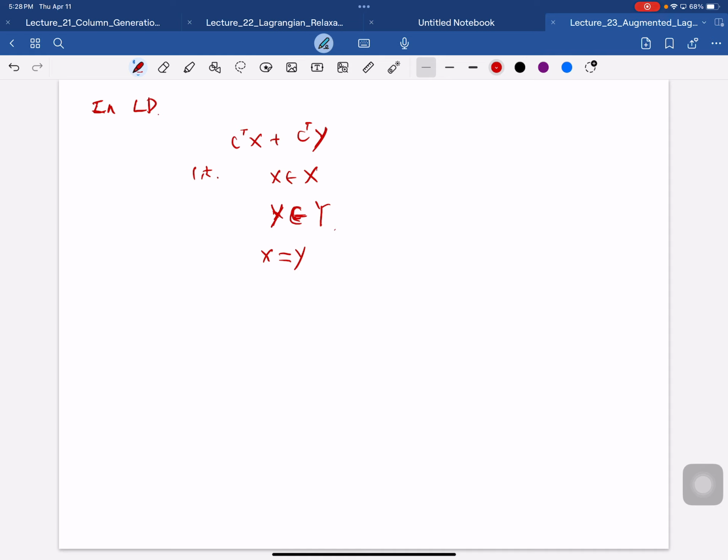Now if you dualize this complicating constraint, multiplying it by a term nu, the problem becomes separable, right?